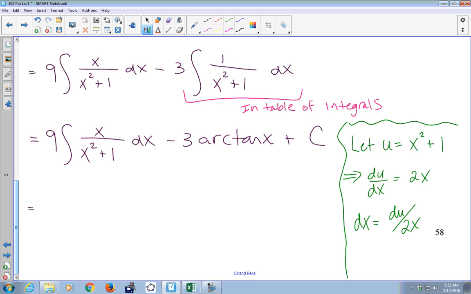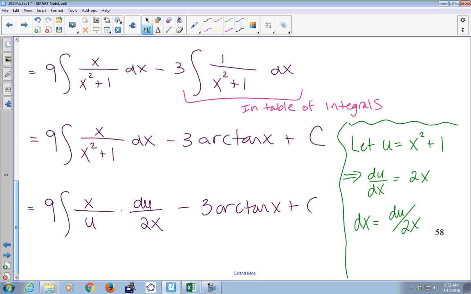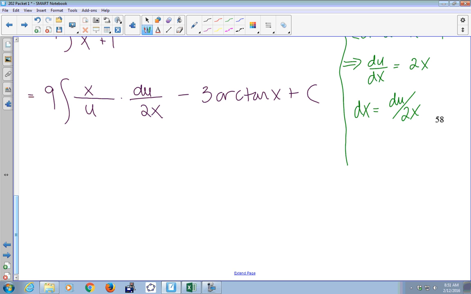So this becomes 9 times the integral. Notice I'm not doing any calculus yet. I'm just doing some algebraic manipulation. My x doesn't have an automatic substitution. X squared plus 1 gets replaced with a u. Dx gets replaced with du over 2x. And then I'll just carry along this minus 3 arctan x.